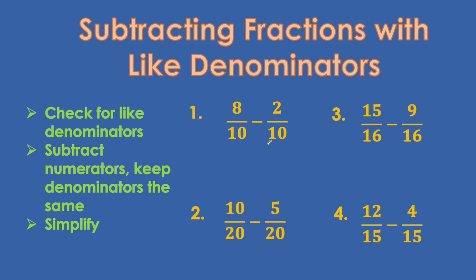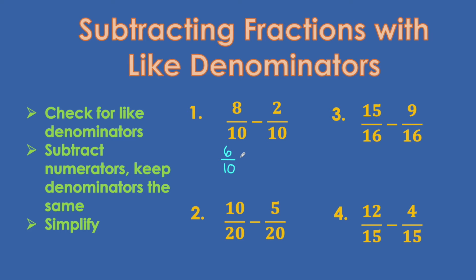Next, we want to subtract the numerators. It would be 8 minus 2, which would give you 6. And then the denominator, you're going to keep the same. So we're just going to copy the 10 down. Now we have 6/10.